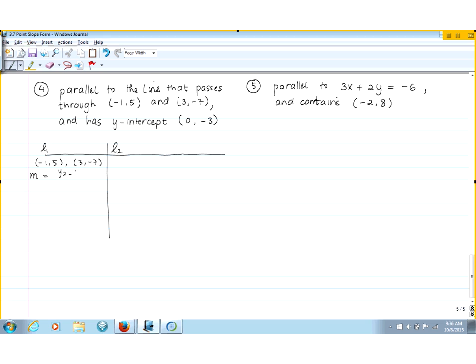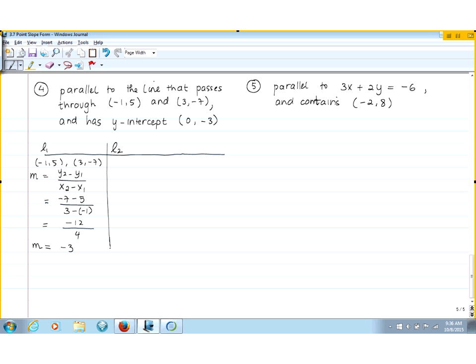What's the formula? y2 minus y1 divided by x2 minus x1. Yeah, what's the slope? Negative 7 minus 5 divided by x2 minus x1. What is x2? x2 is 3 minus negative 1. So negative 12 divided by, what is this? 3 plus 1? 4. So this is negative 3. Okay.